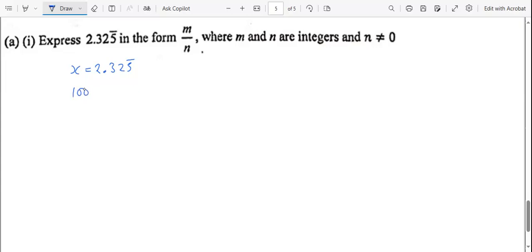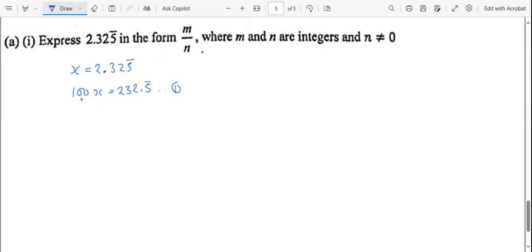So say 100x is equal to, we have now 2, 2, then these 3, so have 3, 2, then the pointers come there, then we still have 5 like that, okay?